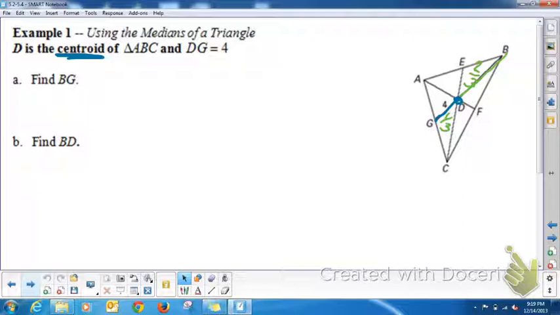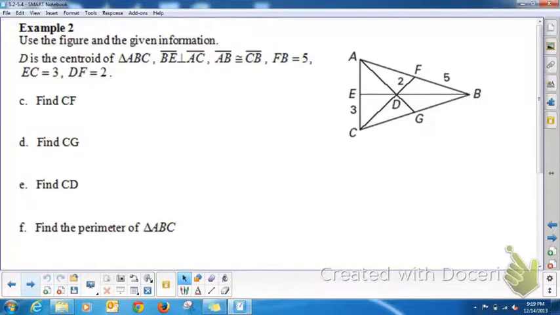If D to G is 4, and that's 1/3, then we multiply 3 times 4 to get the whole segment, because remember this is thirds. So BG is 12. BD would be 2/3, so it's twice as big as this segment. If this is 1/3, then 2/3 is 2 times that. So BD would be 8.